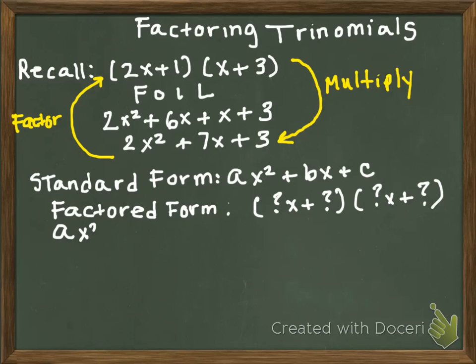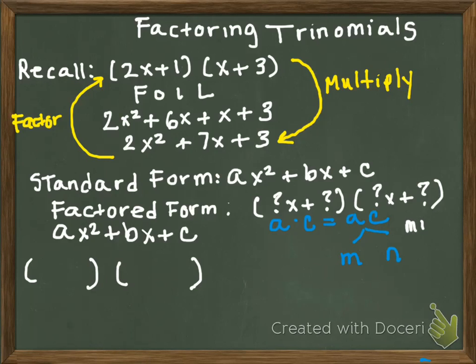First, we're going to make sure our polynomial is written in standard form. So let's start off with ax squared plus bx plus c. And we know when we factor a trinomial, the result is two binomials, so we can write out the two binomials. The second step is to multiply a times c. The product of a times c is just ac.